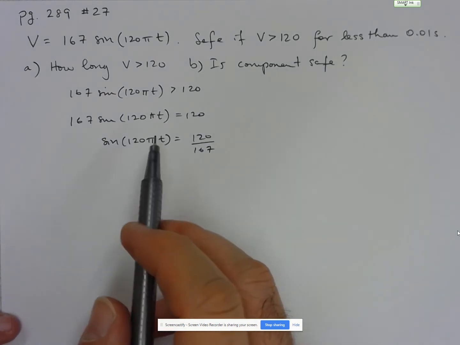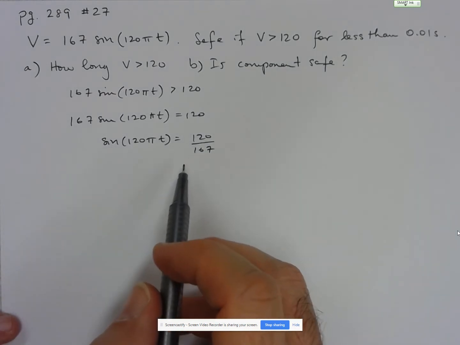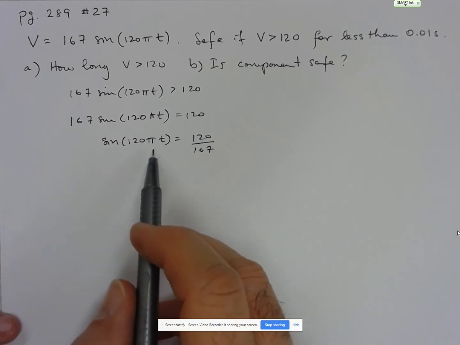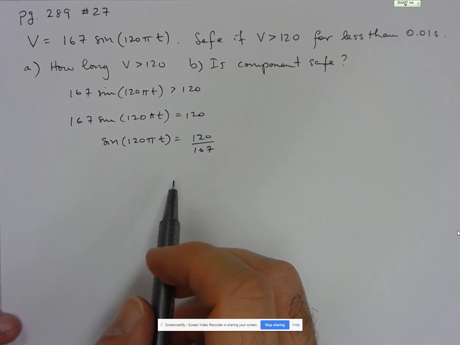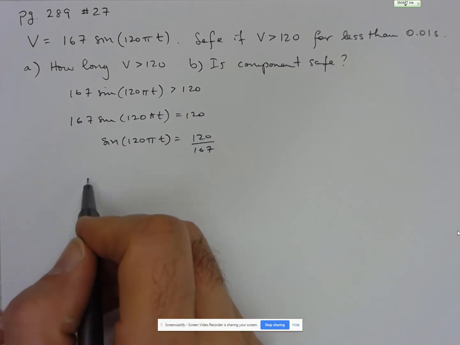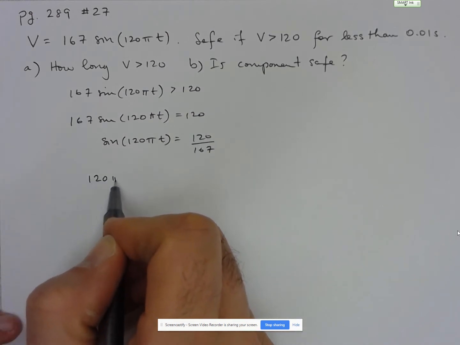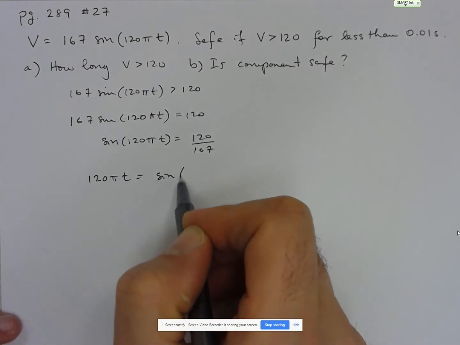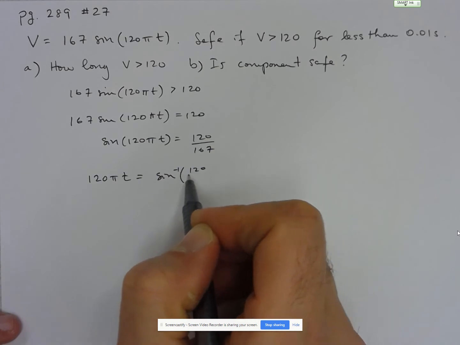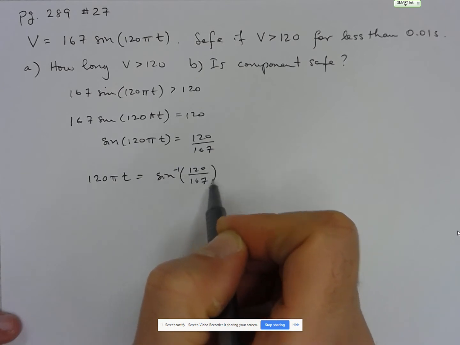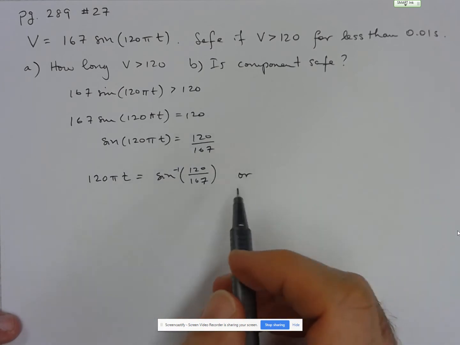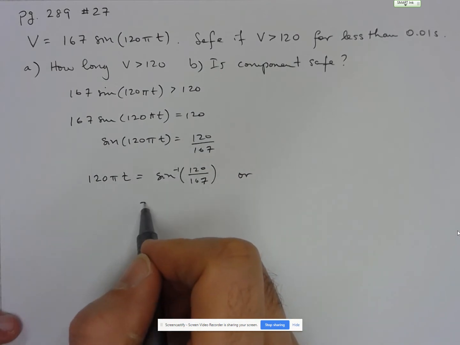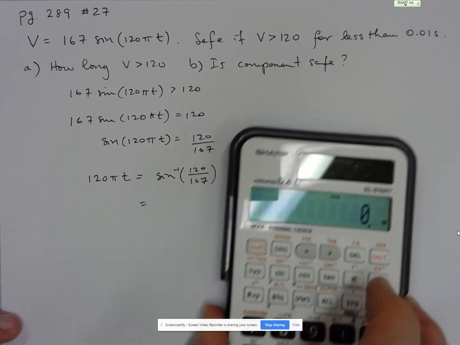And now that I have it as a single trig ratio equal to some number, I'm now going to find my two values of sine that produce 120 over 167. So one of those values, and that's going to give me 120 pi t, is given by sine inverse of this number, 120 over 167. And then, of course, the other answer will be pi minus this number. So let's start by calculating this here. So let's get a calculator.